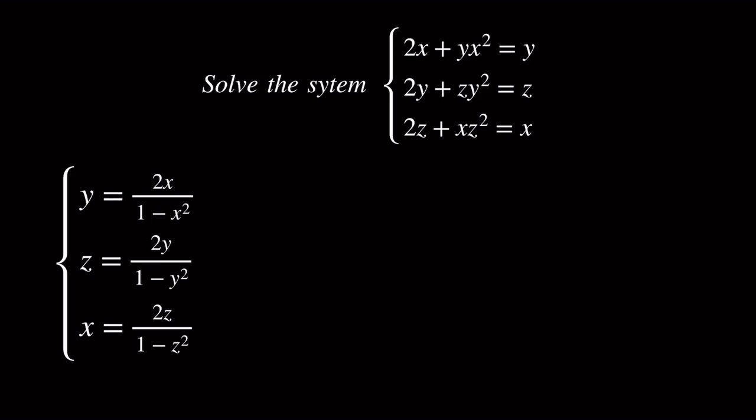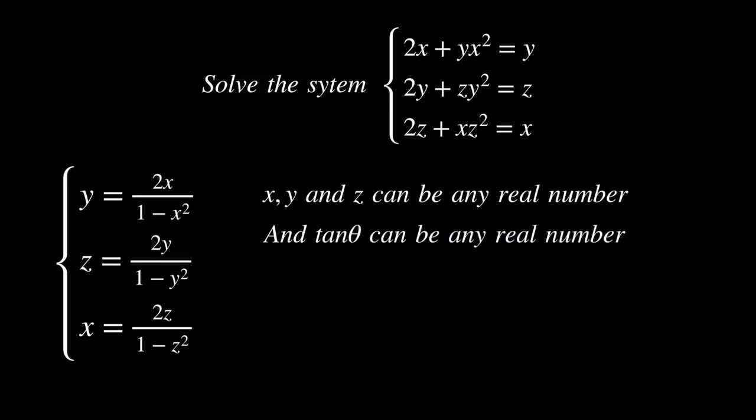So because we know that x, y, and z are all real numbers, and because the range of tan is the real numbers, so tan theta can be any real number, we can let x be equal to tan A, y to be tan B, and z to be tan C, because we know there must be angles A, B, C which equal x, y, z respectively.